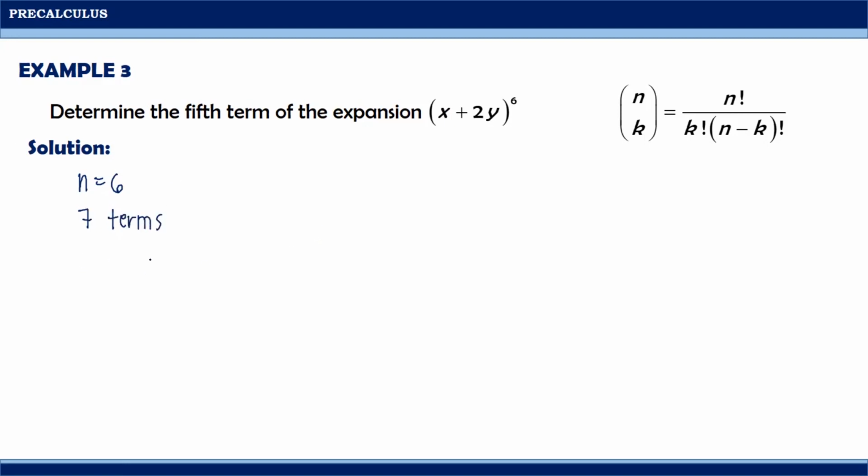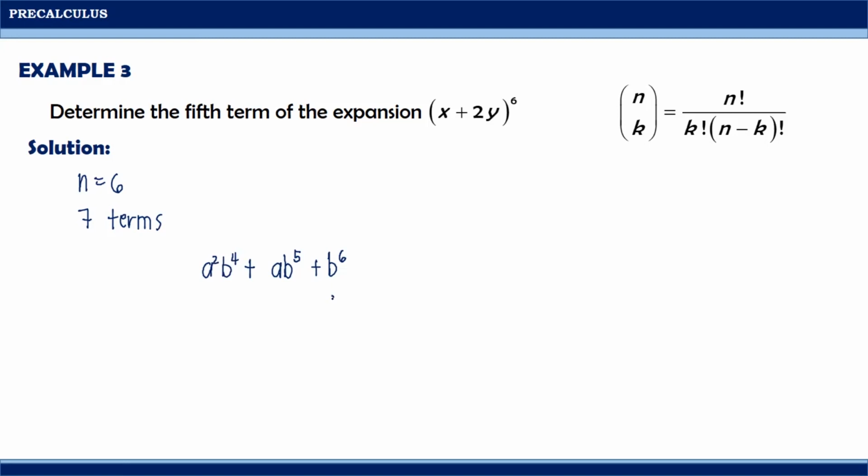wherein the last term will definitely be equal to b raised to 6. If we work backwards, if the last term is b raised to 6, then it only follows that the term before it is a b raised to 5, and the term before it is a squared b raised to 4.